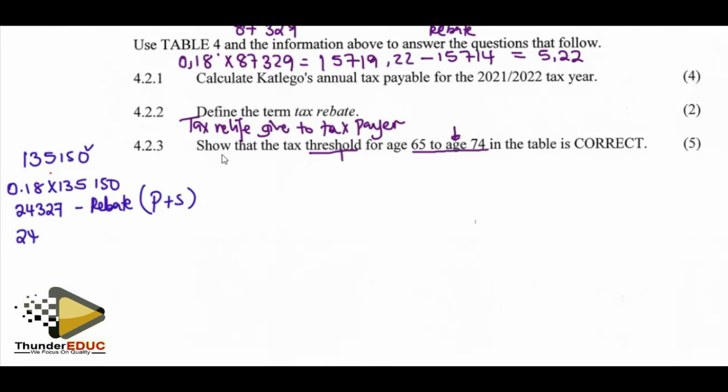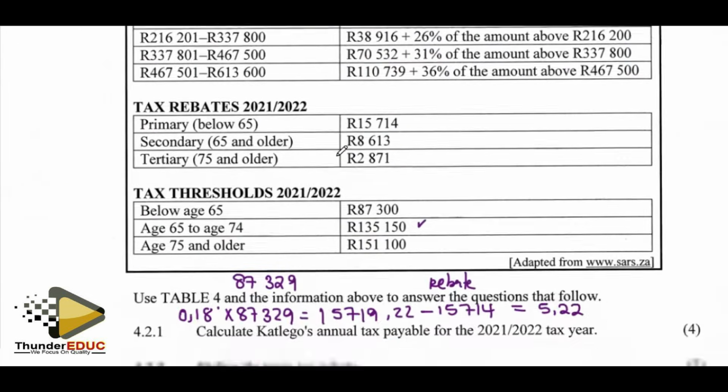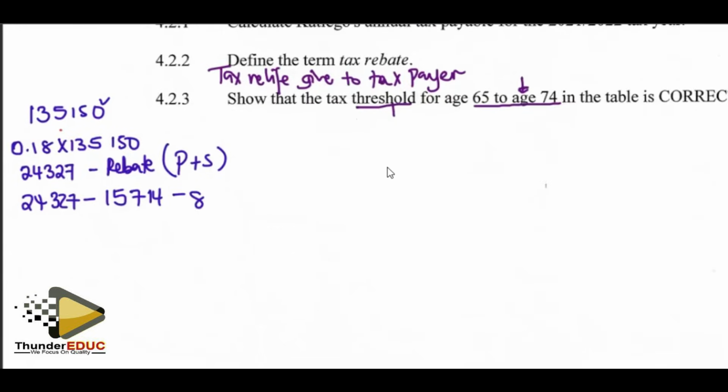So it will be 24,327 minus the primary rebate, which is 15,714, minus the secondary rebate, which is 8,613. The answer becomes 0. Indeed, the threshold is correct.